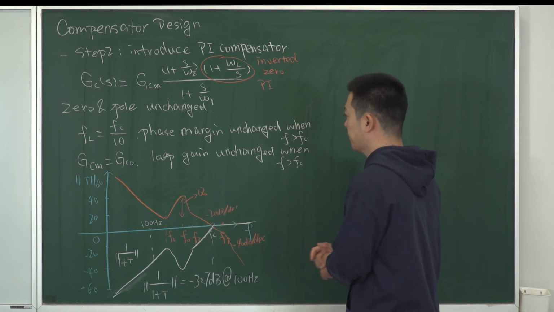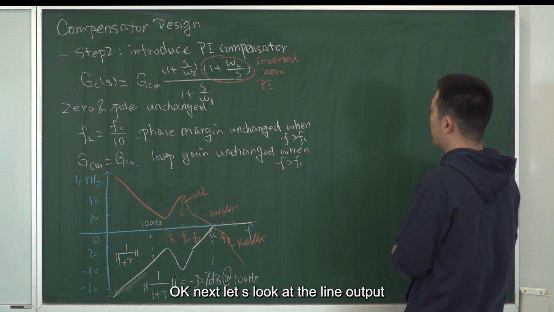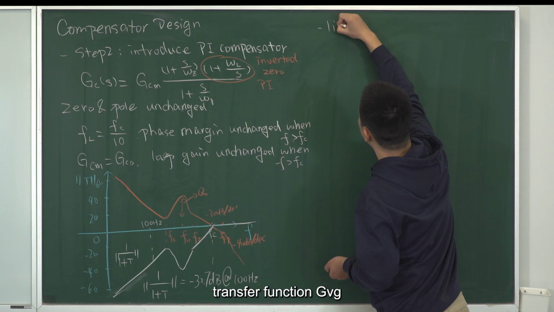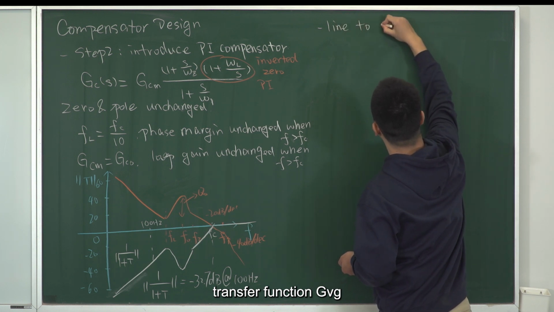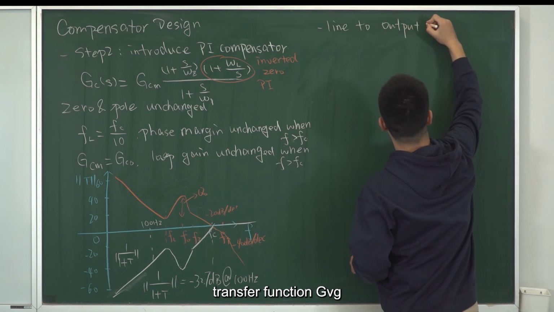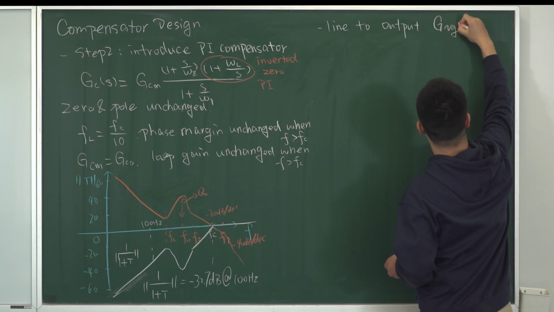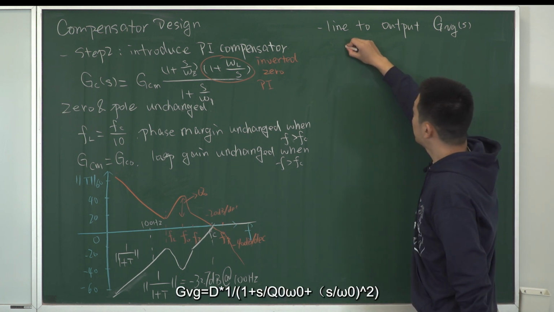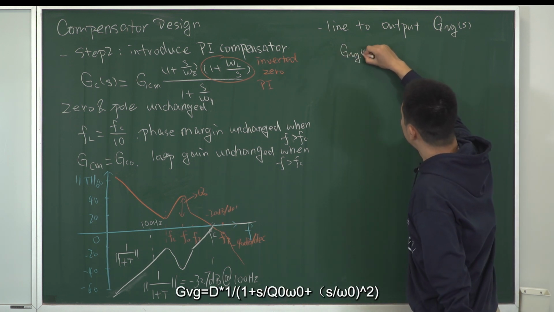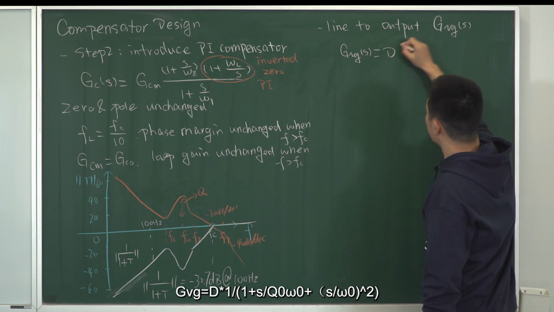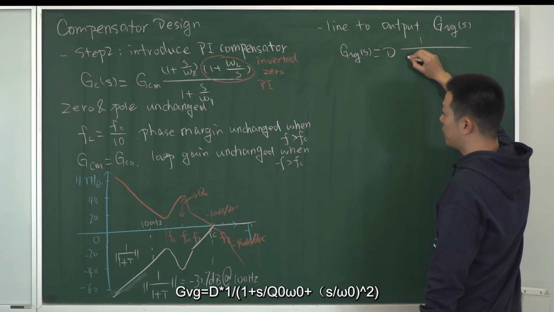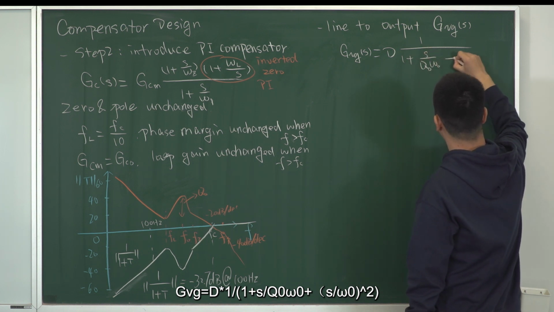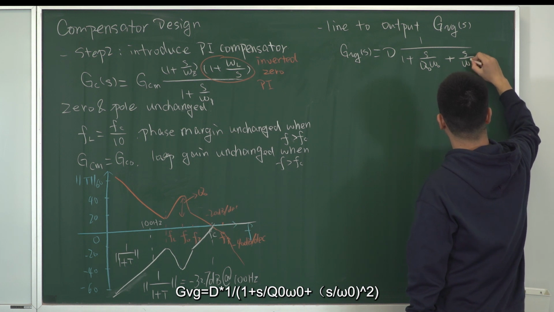compensation network. Okay, next, let's look at the line to output transfer function, Gvg. As we previously derived, Gvg equals D times 1 over 1 plus s over Q0 omega 0 plus s squared over omega 0 squared.